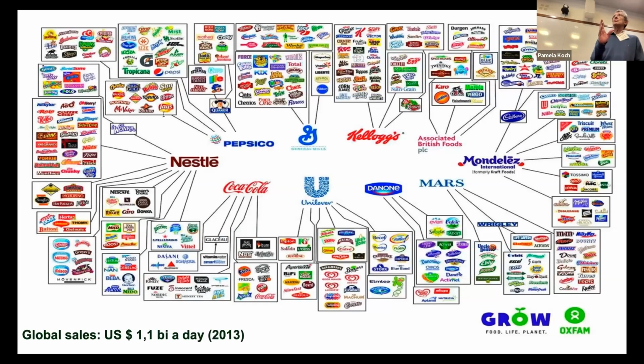Another important attribute of ultra-processed foods is that most of these products are manufactured by transnational corporations. And this is not a coincidence, because these corporations are those that have the ability to do at least two things.